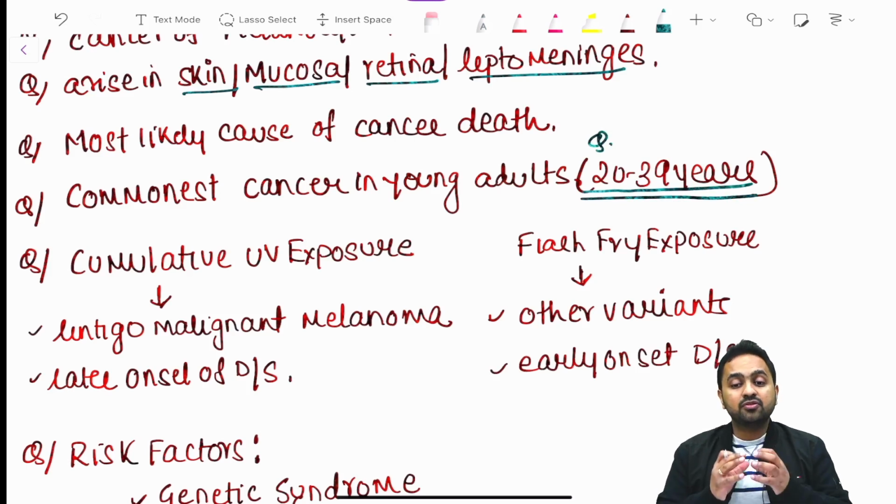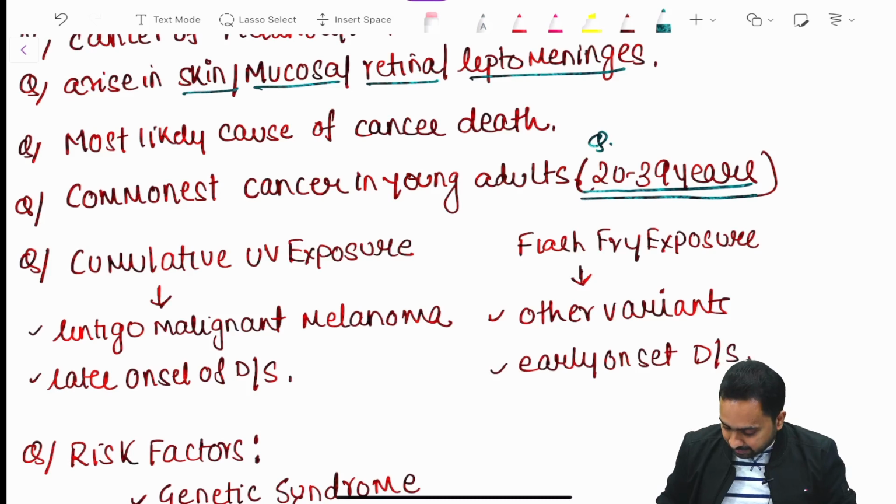Now the cumulative UV exposure is responsible for late onset of disease, and it usually leads to the lentigo maligna melanoma variant, whereas flash fry exposure leads to early onset of disease and is responsible for the other variants apart from lentigo maligna melanoma.